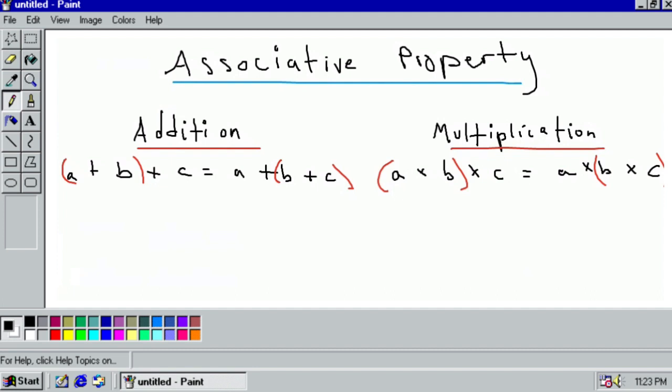To understand this property even better, let's give our variables some value. Let's say our a is -2, our b is -1, and our c is +3.